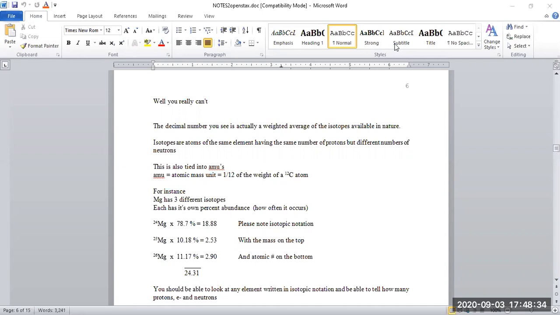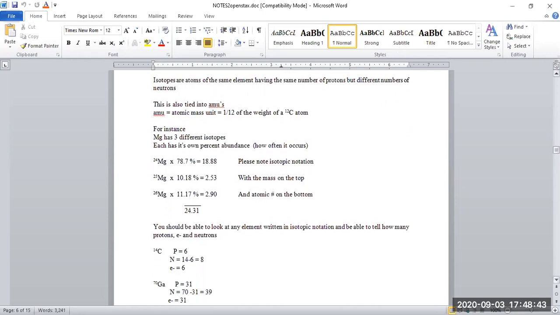But there are 2 other versions. They're just a whole lot less abundant, a whole lot less popular. We've got magnesium 25, and there's also magnesium 26. All of these have different numbers of neutrons, but every single one of them has the same number of protons. In order to make the math work, you take the weight of the isotope.